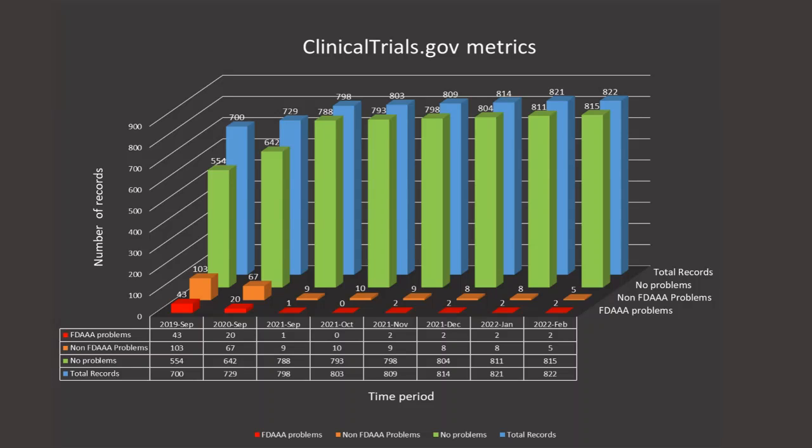The orange one is the non-FDAAA problem records, NIH problem records. And the red ones are the non-compliant ones, which are subject to civil monetary penalties. I think we're doing pretty good overall compared to previous fiscal years. Thank you all for your hard work to stay in compliance.